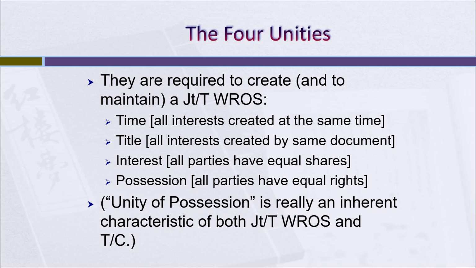So it really doesn't fit with the other three because it's a universal principle that applies to all cotenancies. But nevertheless, it's always listed as the fourth unity. It really serves a different purpose than the other three unities, however, because the first three are designed to be rules that must be followed in order to create a joint tenancy with right of survivorship.